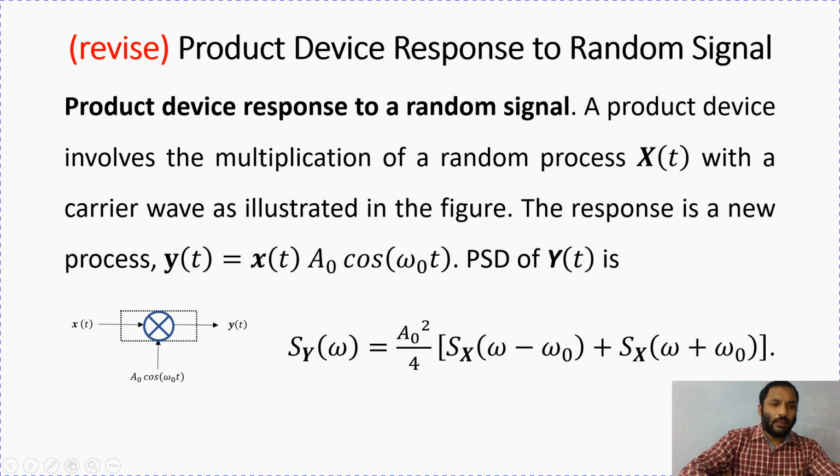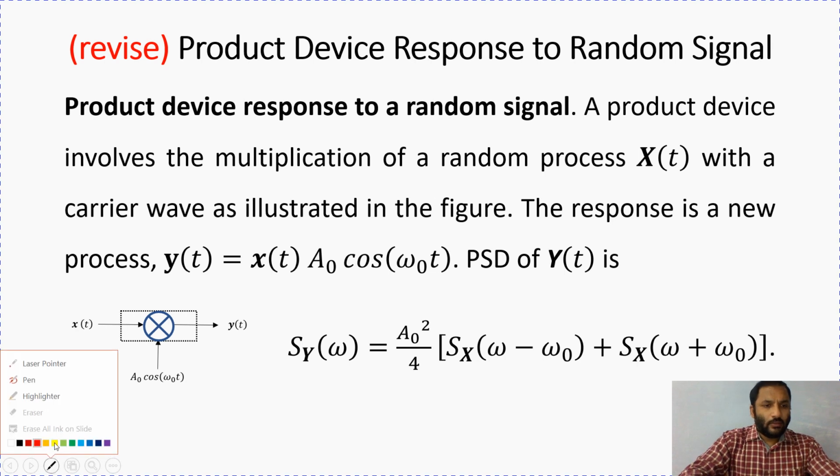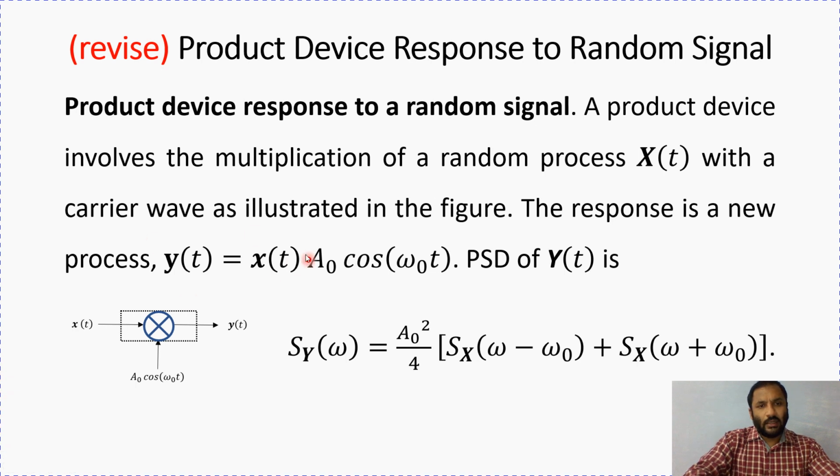So if you remember what we spoke about in the last class, x of t is a random variable at the time t from the process capital X of t, and each of those variables at each time is multiplied with this cosine function cos omega naught t.